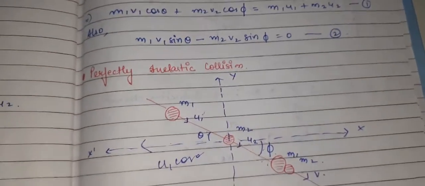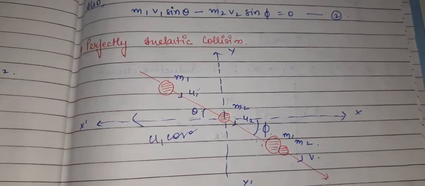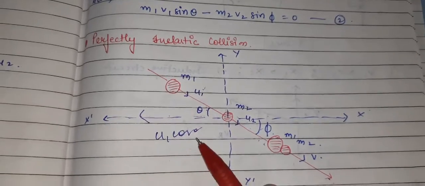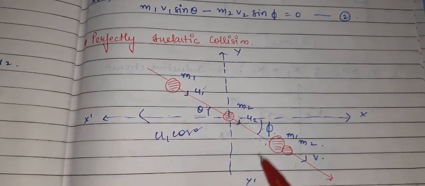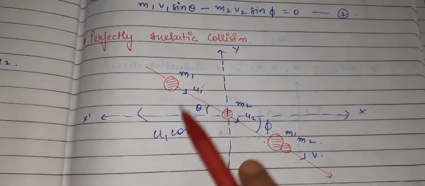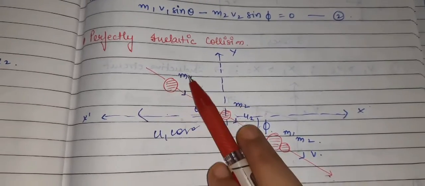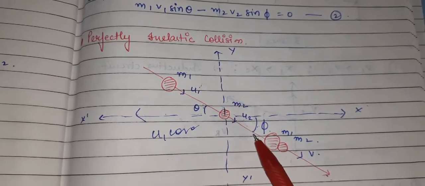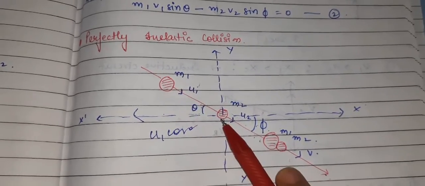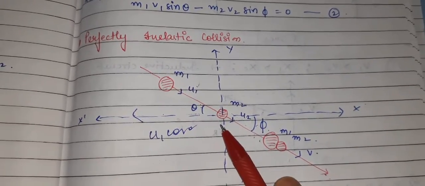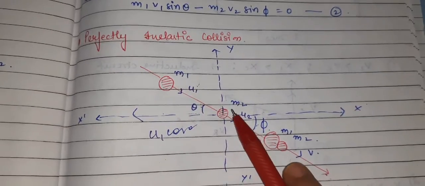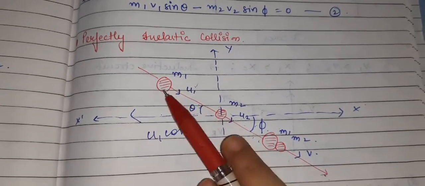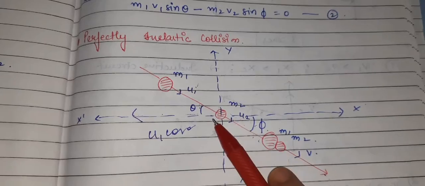So this is the diagram I want to discuss. Suppose the body is not coming along the x-axis, it is coming at a certain angle in the xy plane. Here mass m1 is coming with velocity u1 and mass m2 is moving with velocity u2, and for a collision u1 should be greater than u2. Let us assume that at the time of collision the second body was at the origin.